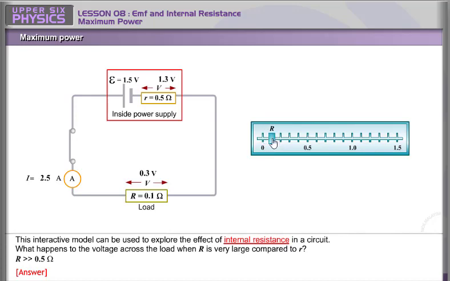Okay, so 1.5. The resistance of the load is 1.5, which is very much bigger than the internal resistance 0.5. So we have the voltage of 1.1 volt.